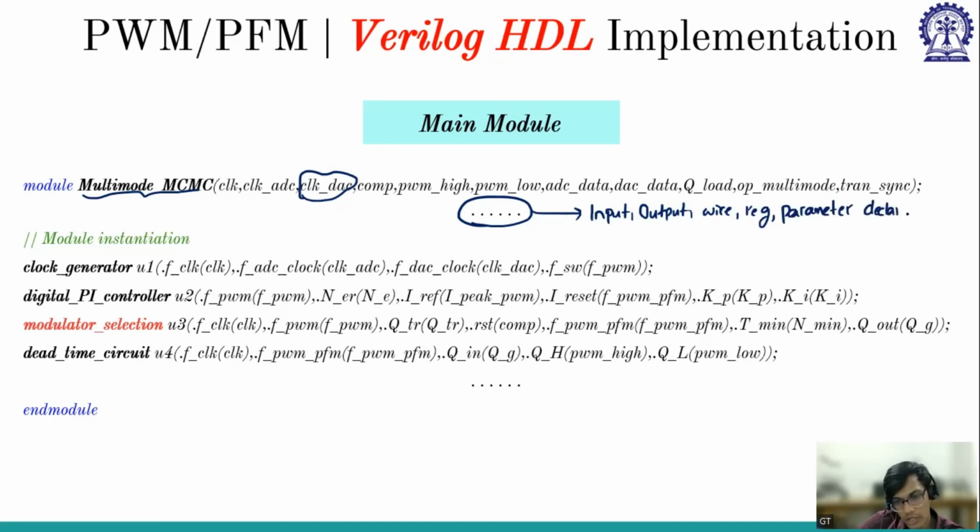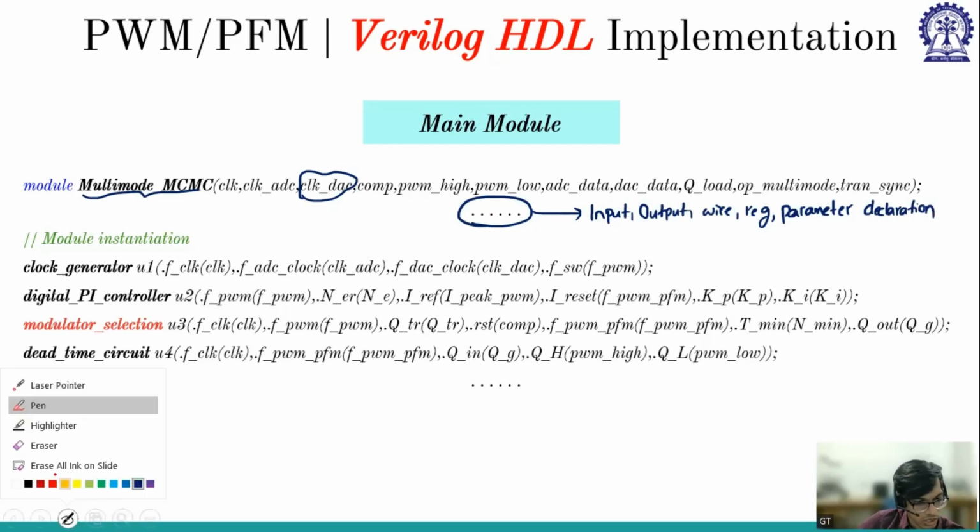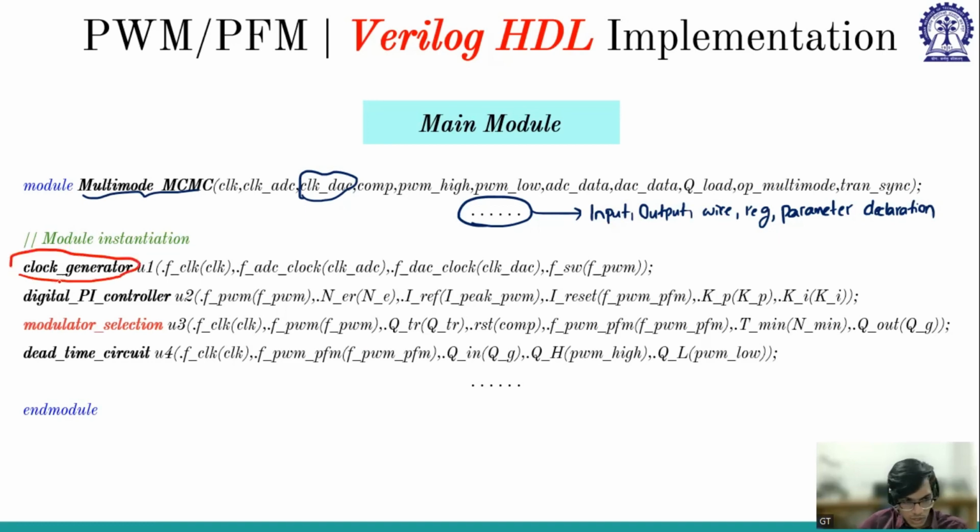Then followed by module instantiation. In the module instantiation, we have the clock generator to generate FSW, FDAC, FADC, which is again common with voltage mode control and other blocks, followed by the digital PI controller. It is again a subset of the PID controller in voltage mode control, and we have also discussed this in lecture week 8.